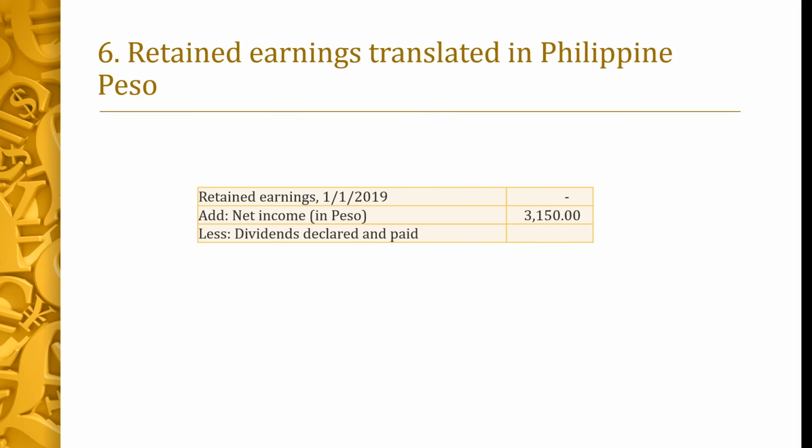Okay? So since date of declaration and the date of payment ay isang date lang, walang problema, gagamitin nyo yung 1.10 pesos natin. So magkano ito? 1,100. So magkano ang retained earnings December 31, 2019? 2,050 pesos. That's your answer for your number 6.